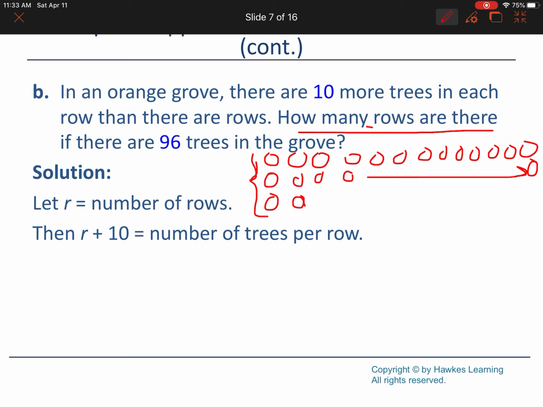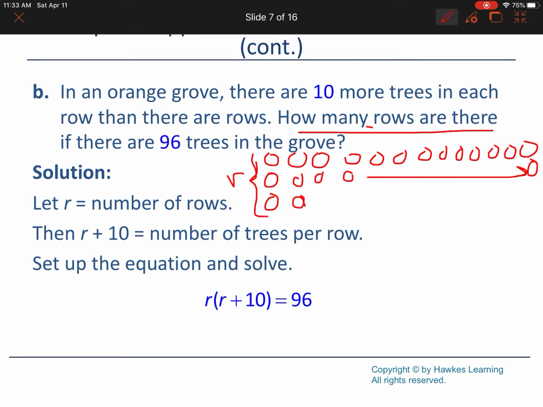And so it's 3 times 13. That would give us how many are in that one, or 2 times 12, remember? So it's R times R plus 10. That is my equation. So this is the number of rows, and this is the number of trees in each row.